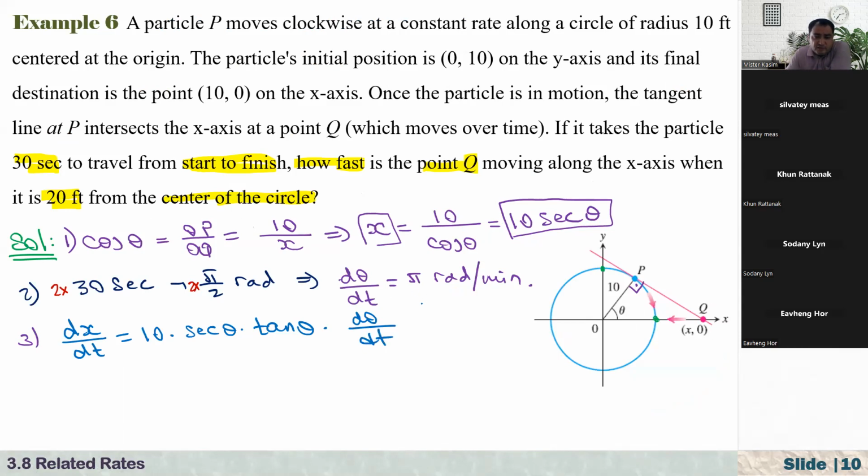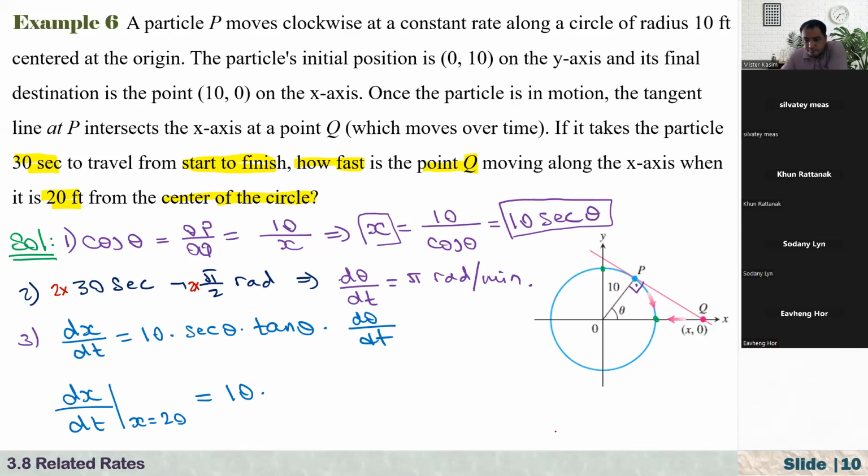We're going to find this at that instant. That means we have to find dx/dt when x is 20 feet away from the center of the circle. Let me just open a small window for the calculation.